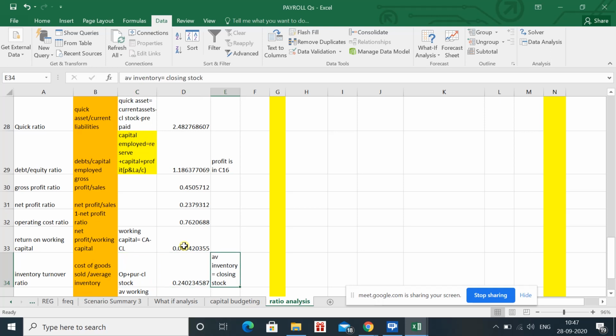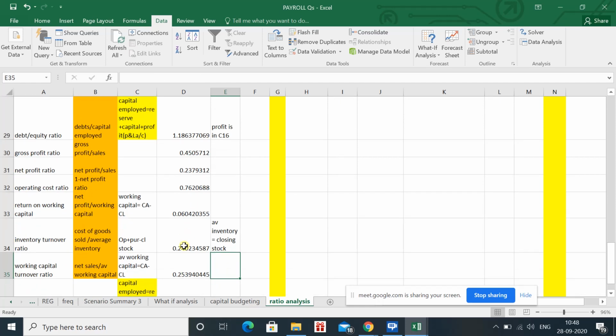And for average inventory, generally the formula which we follow in accounting is opening plus closing divided by 2. But if we are going according to the book, in your book they have taken average inventory as equal to the closing stock.